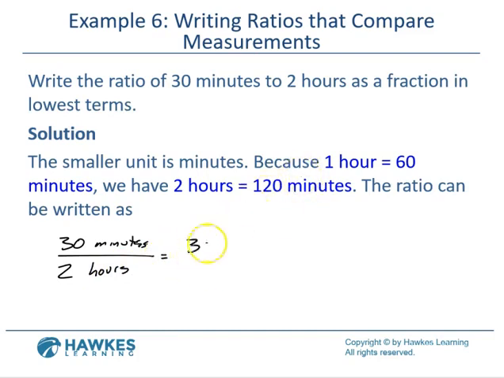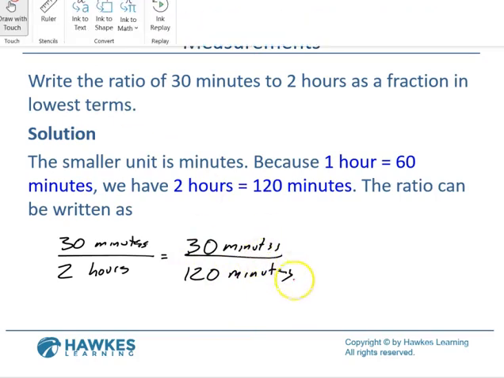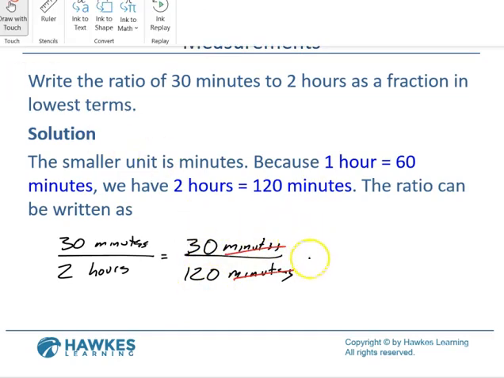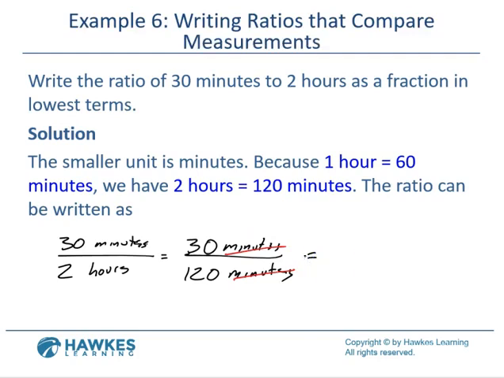So now we have 30 minutes to 120 minutes. In this case, now I can reduce my minutes, and it also makes it to where I can reduce my numbers, which gives me a very clear definition of what my ratio is.